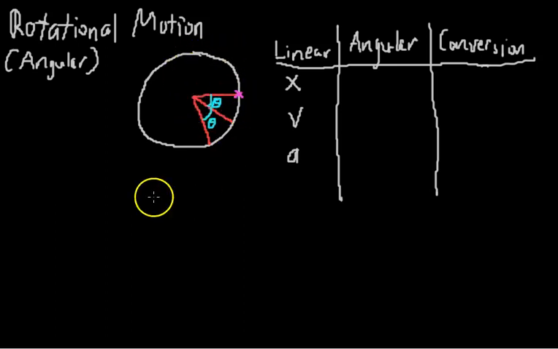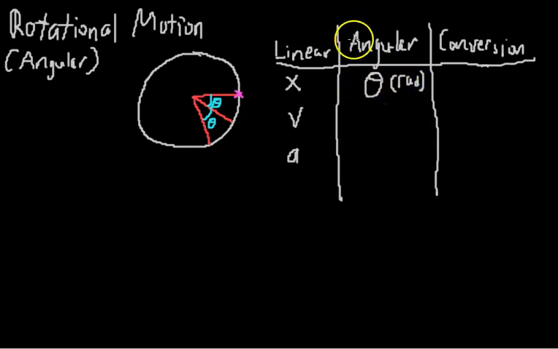So I've already drawn on here something that vaguely resembles a circle. These are supposed to be radii, and the little blue things here are thetas, indicating the angle. So that's our first thing, which is that the angle is represented with theta, and that's measured in radians.